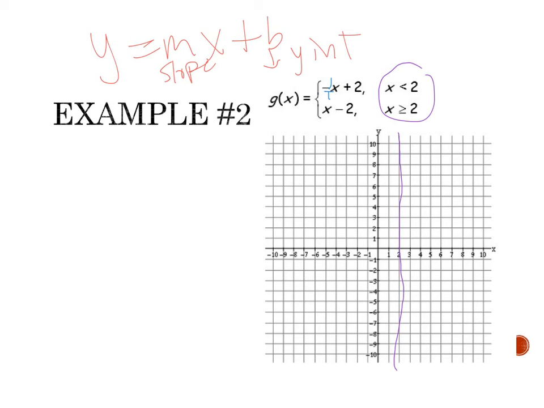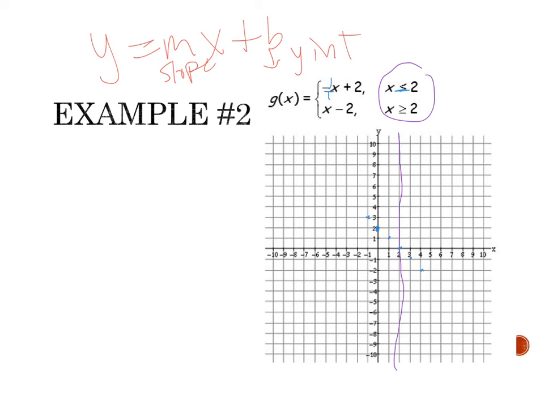I'm going to go to my y-axis, put a dot at 2, and then my slope is negative, so I'm going to go down 1 to the right 1, down 1 to the right 1, and I can keep doing plenty of dots going in both directions till I get a good idea of what my line looks like. However, I'm only going to graph where x is less than 2.